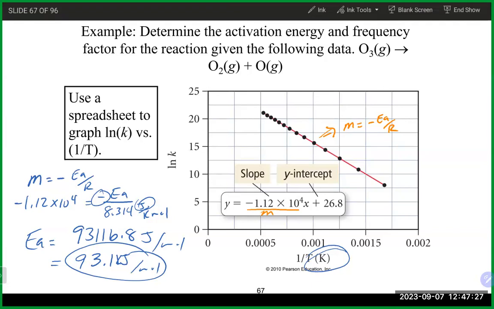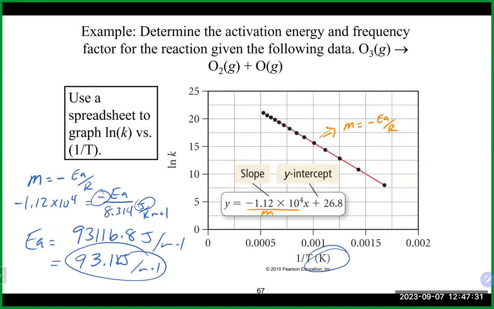All right. So let's also do the frequency factor. Our frequency factor, again, would be here. The natural log of our frequency factor is equal to our y-intercept. So in this case, 26.8 is what we're looking at. So we want the natural log of A to equal 26.8.